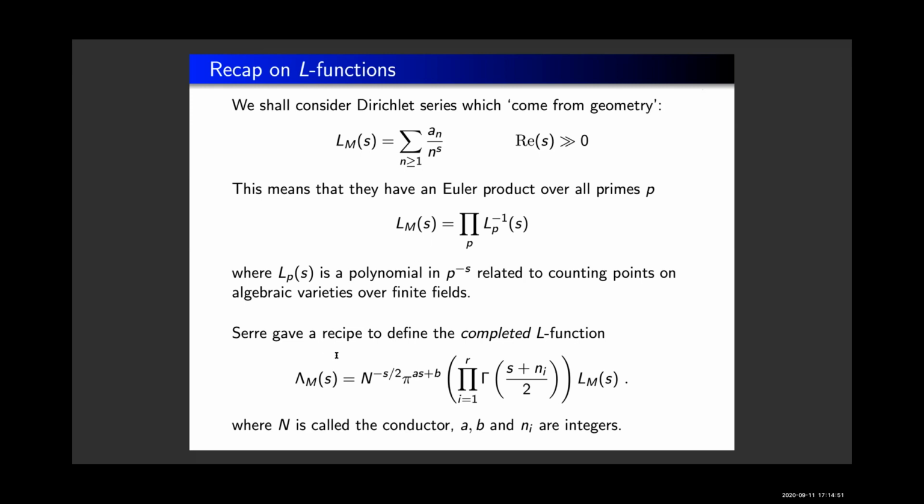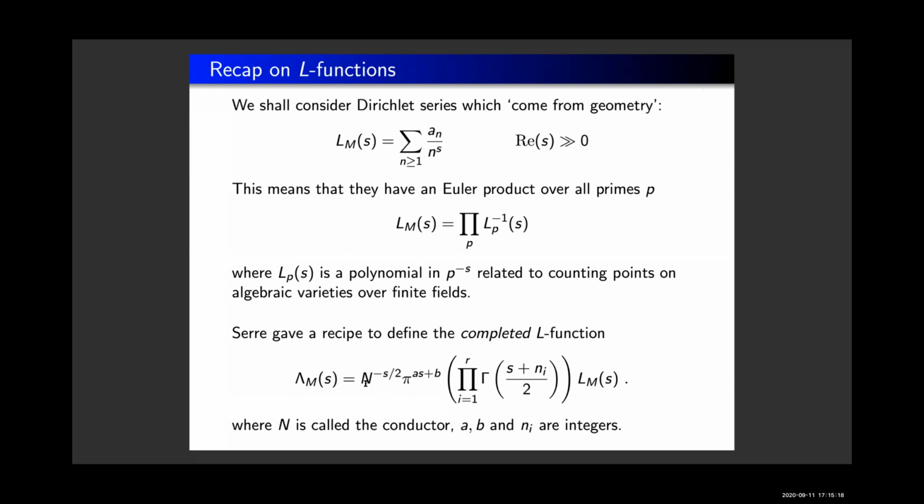And what you can do is complete it. So the L function on its own doesn't have great properties, but you complete it to a function called lambda. And you do that by multiplying by a certain number of gamma functions, which are called gamma factors. You might want to multiply by some power of pi, and then some integer N to the minus s over 2.